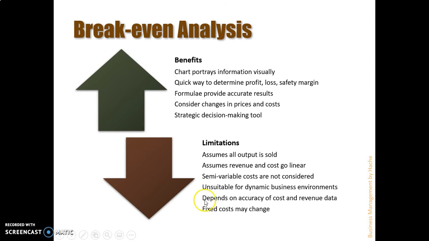And number five, as I said before, since we are getting accurate results, it will depend on the accuracy of cost and revenue data. So if the information you are getting is just estimates, keep in mind that the results will also be estimated results, so they will not be as accurate as required.